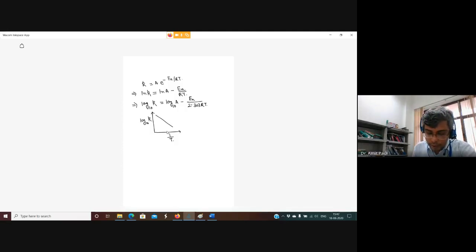We will get this type of a linear graph, and the slope of this graph will be minus Ea divided by 2.303 R.